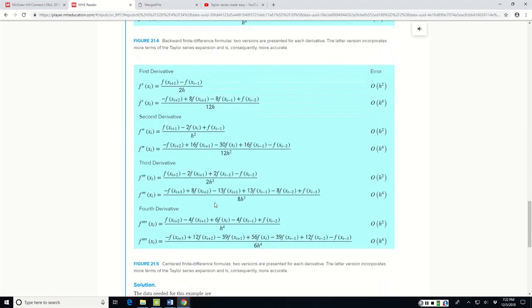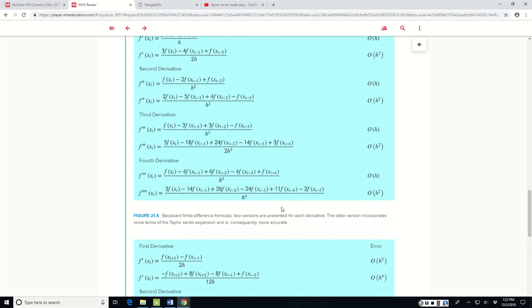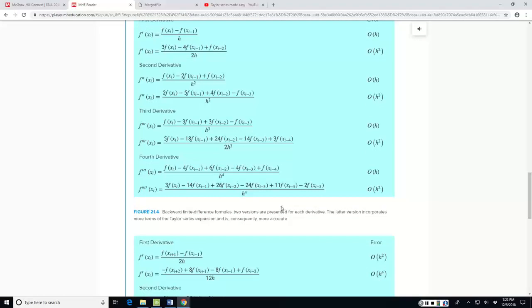Finally, you have a third table where these are the centered finite difference formulas. So again, compare the accuracy here to the accuracy here. As I told you, the centered one is always more accurate than the forward and the backward.